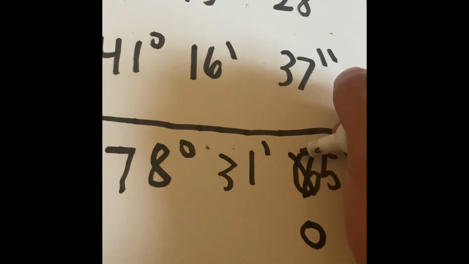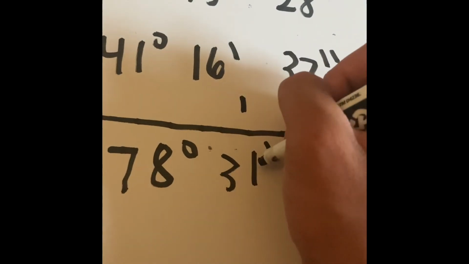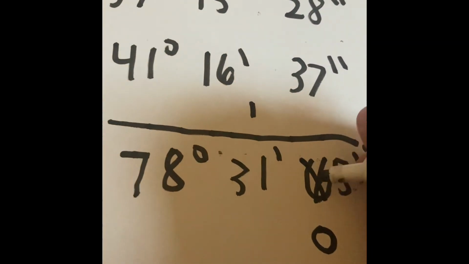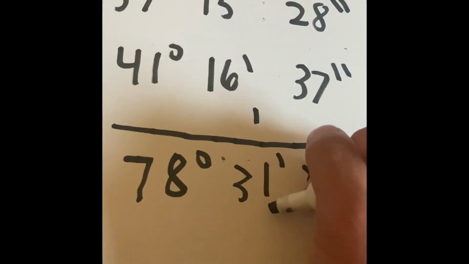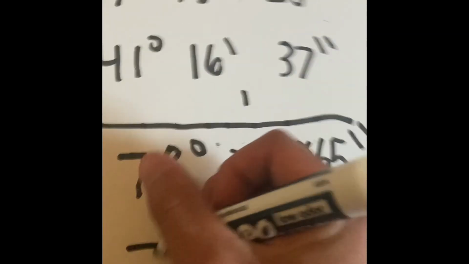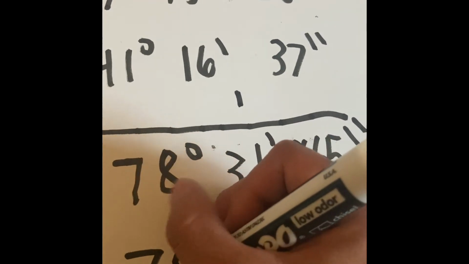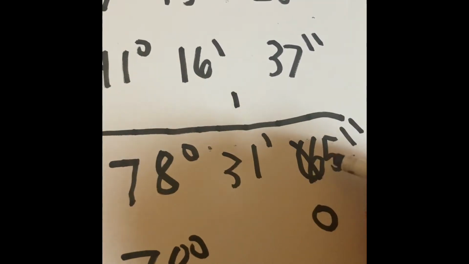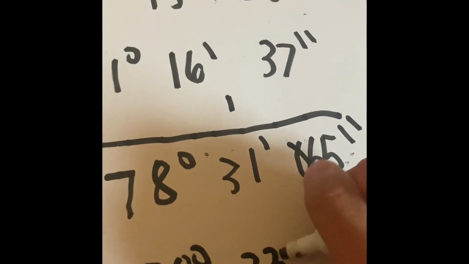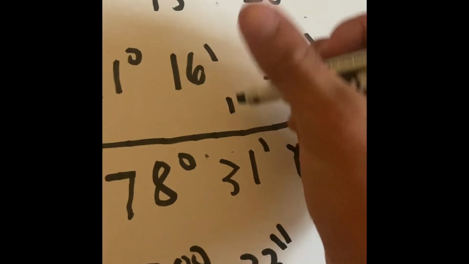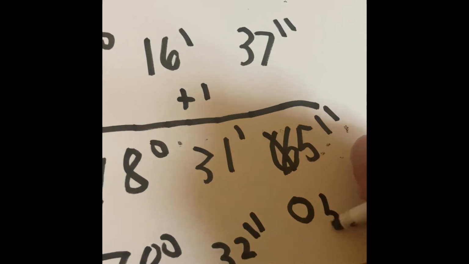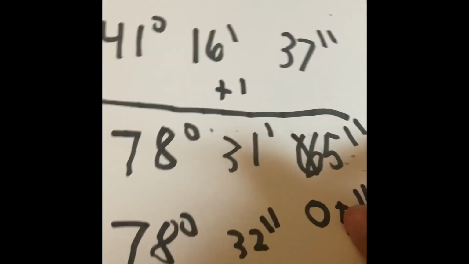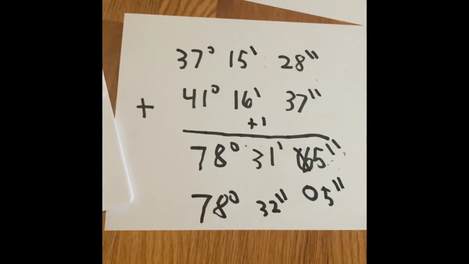Now we have to add 1 onto the 31, indicating that we took away 60 seconds to add 1 minute into the minute section. So here's our final answer: 78 degrees, 32 minutes, because we added that plus 1, and 5 seconds. That is how we can add them too.